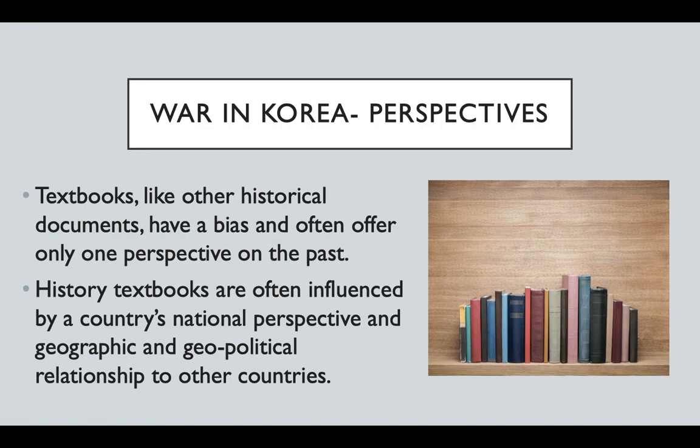So it's all about perspective. It could be influenced by how the nation views the event. It could be influenced by our relationships with other countries. But the bottom line is there's going to be some sort of bias even in a textbook.